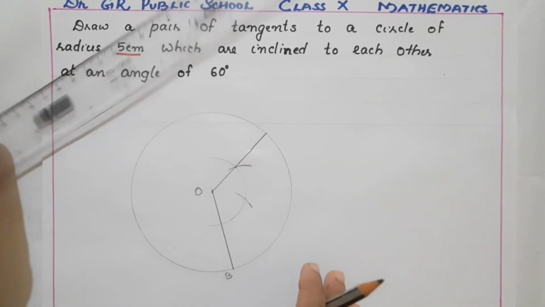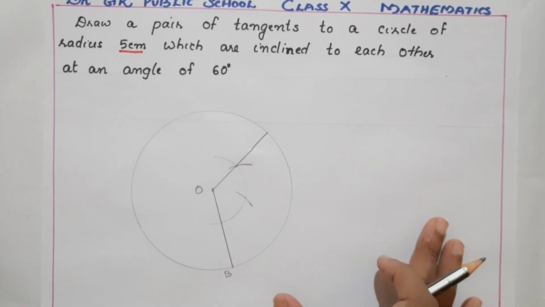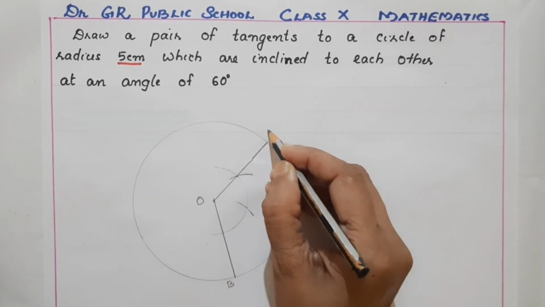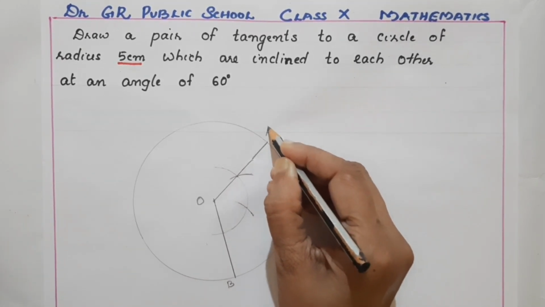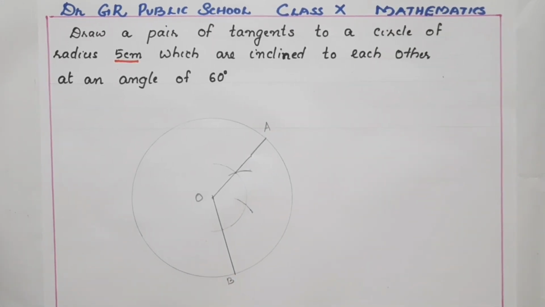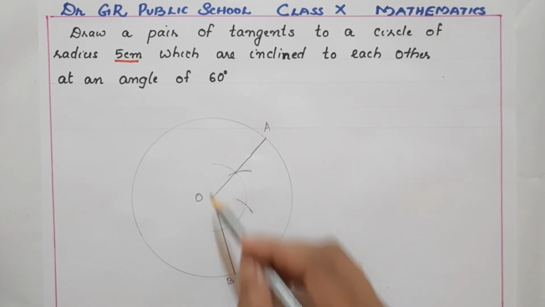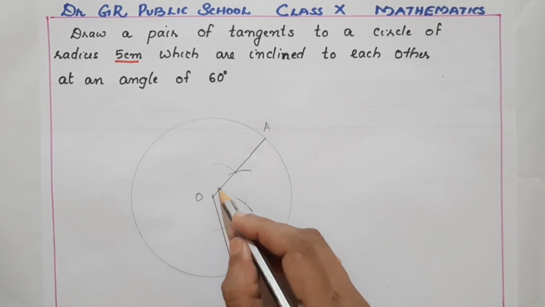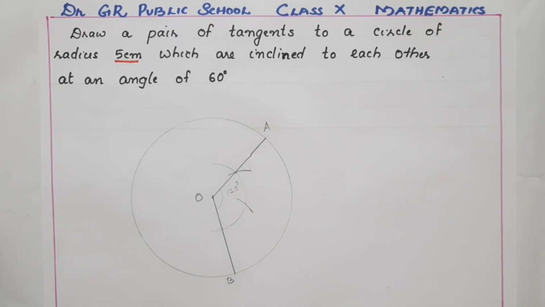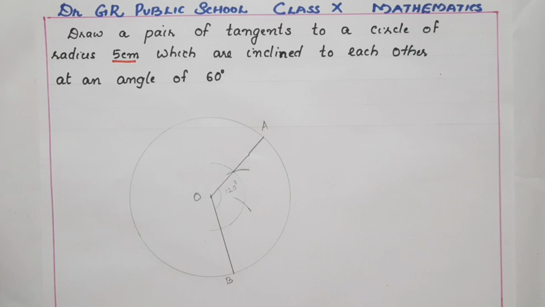Okay. Now this is OA. So we got two radii, OA and OB. Here the angle is 120 degrees.